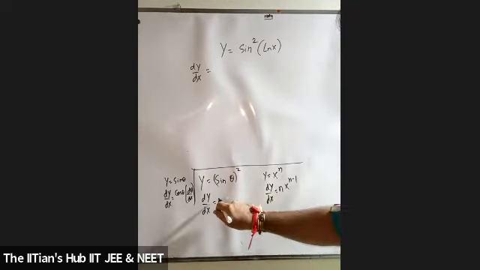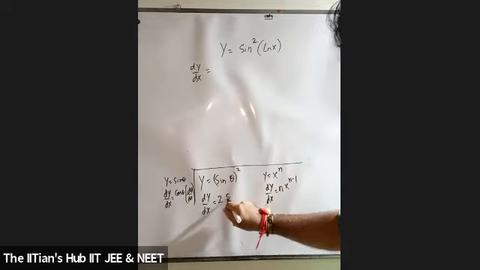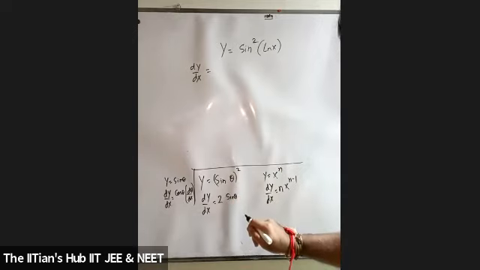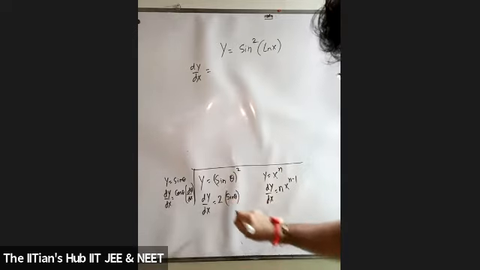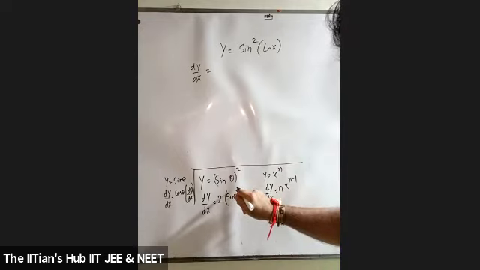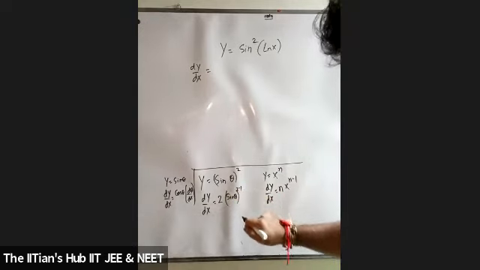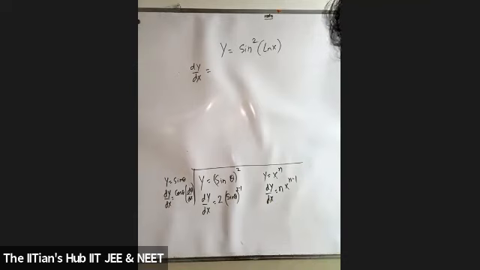So what will this be? 2 into sin theta raised to 2 minus 1, into d theta by dx.